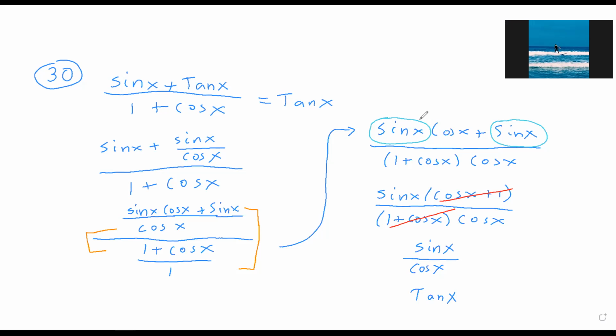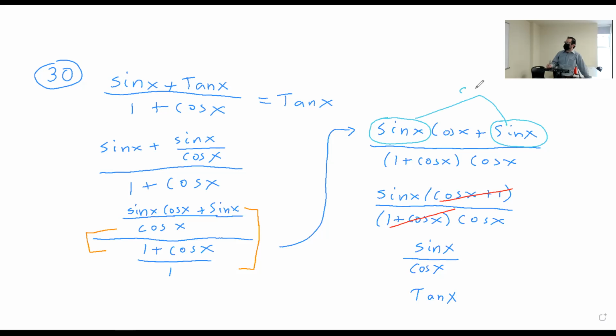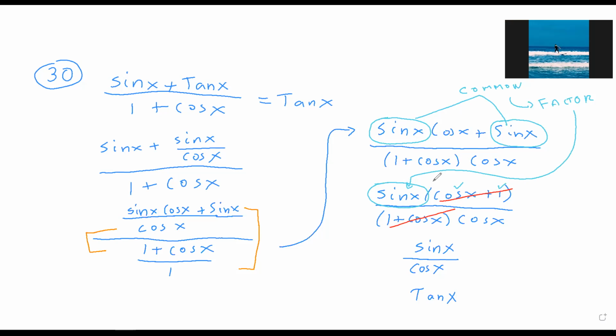This is common, so if it's common, we factor. And that's what we're doing here. We're taking the sine of x, and sine of x times cosine of x divided by sine of x is cosine of x, and sine of x divided by sine of x is 1. So we're factoring the sine of x. Okay? Yes. Thank you. Okay.